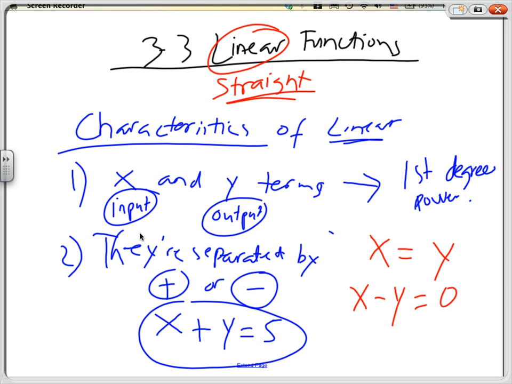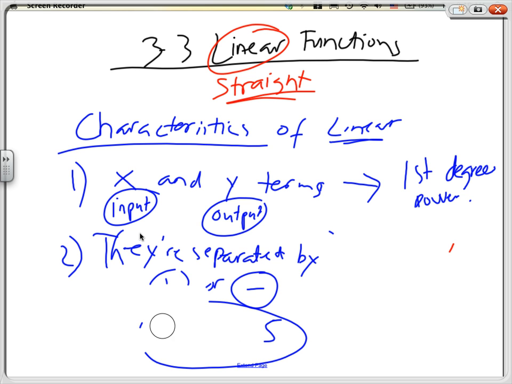So let me now introduce what we call the standard form. If you can take any equation and turn it back into standard form and it looks like this, you know for sure that it is a linear function. So the third characteristic I want to talk about is called the standard form.